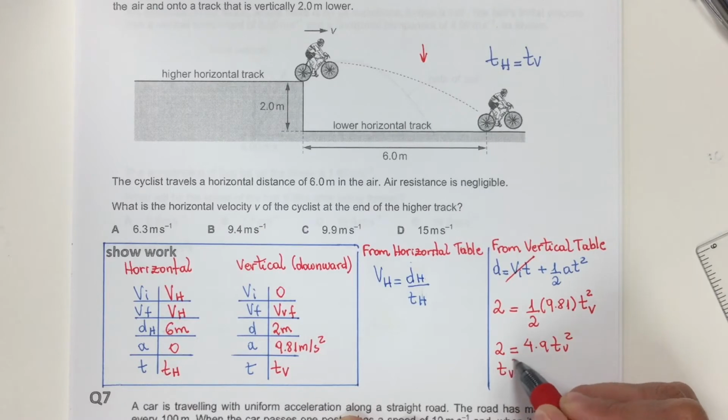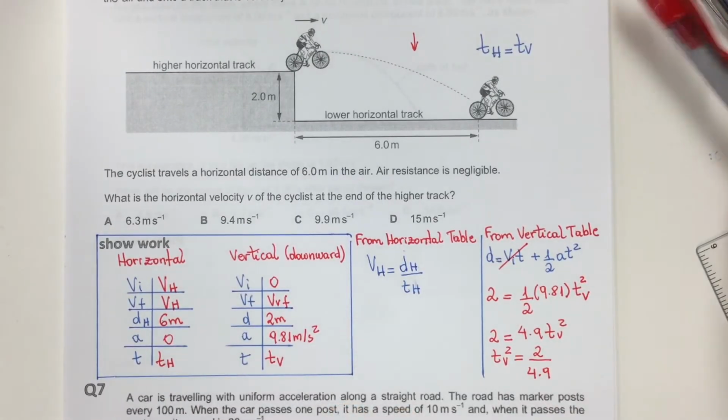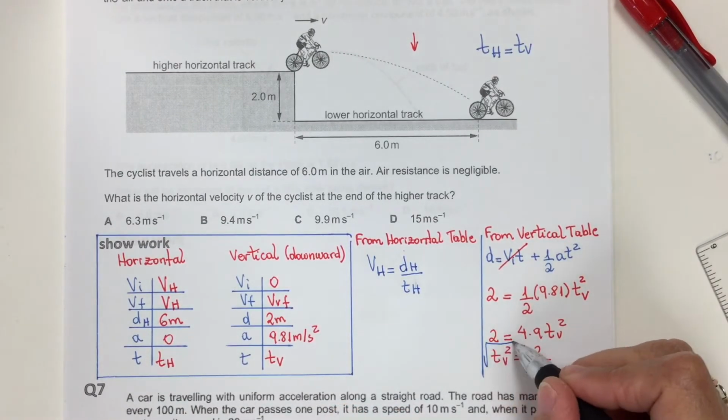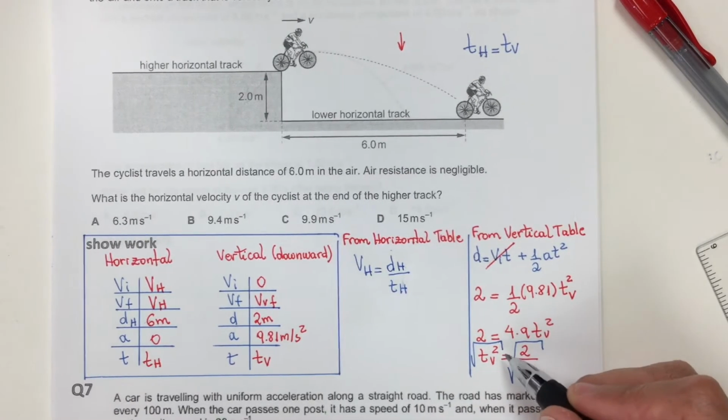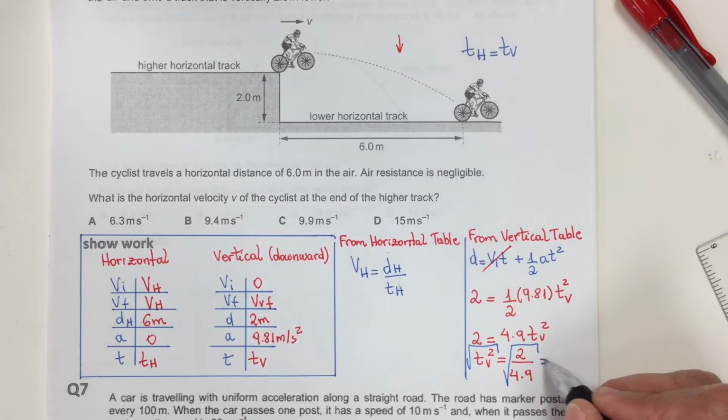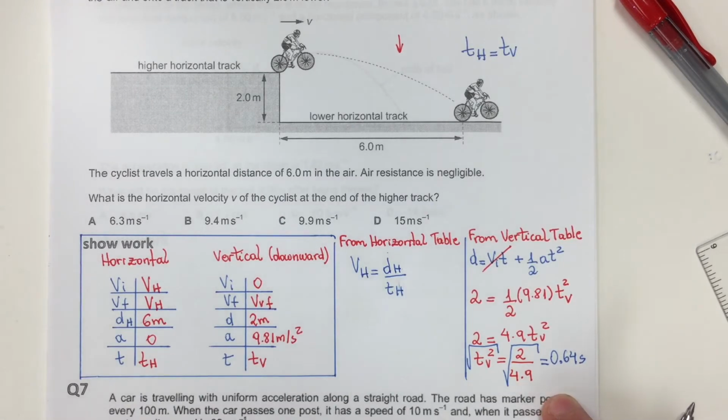So TV squared is 2 over 4.9, and doing the square root, the square can disappear. So this is equal to 0.64 seconds. That's the value of my TV.